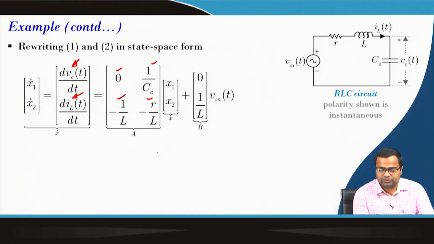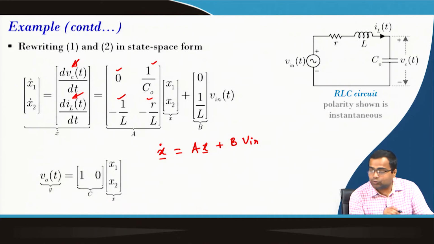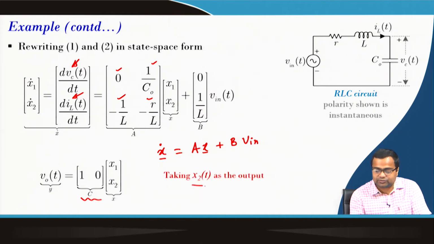That means we can write x dot equals A into x plus B into Vin, which is the supply, that is, the input to this particular RLC circuit. Similarly, we can write the output equation. Here we have taken the output voltage, which is the same as the capacitor voltage, so it is simply [1 0] times the state vector, because x1 is the state variable 1, which is the capacitor voltage.